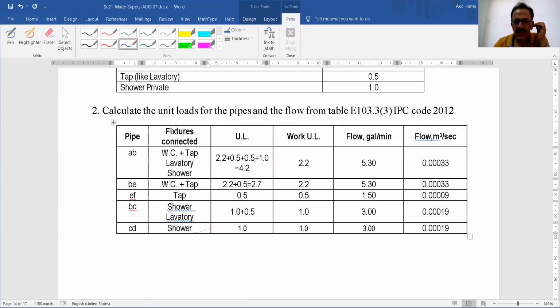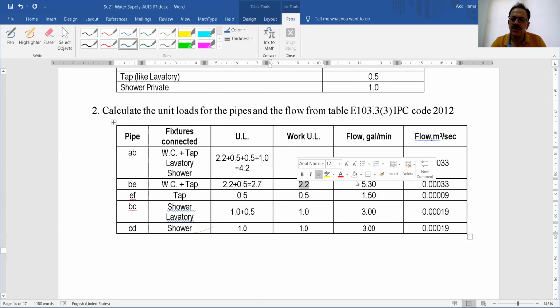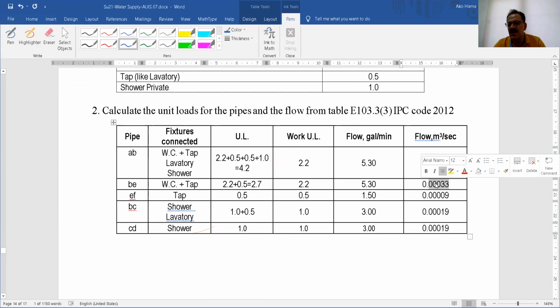Now, 2.7 is the unit load, but the maximum one will be 2.2. You have to work on this one. The working, or the maximum unit load is 2.2, which is the same as 5.3, which is the same as Q.